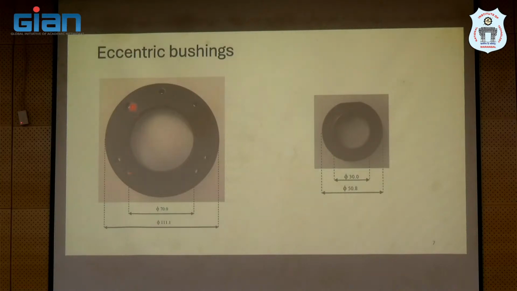Incidentally, these bushings have, like you see, three holes at triangular vertices, and then there are also 4 side holes, right?